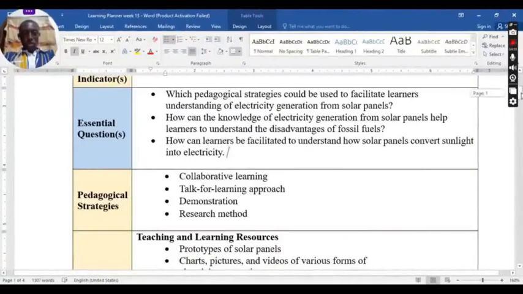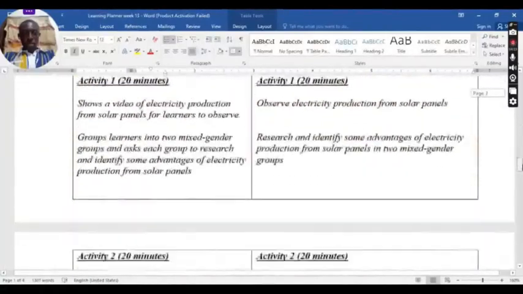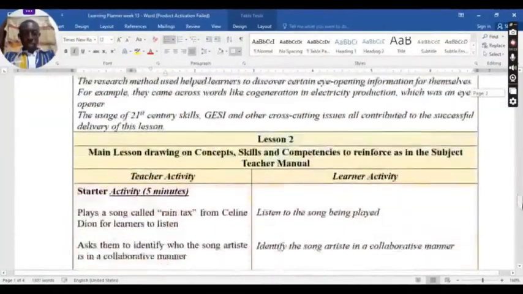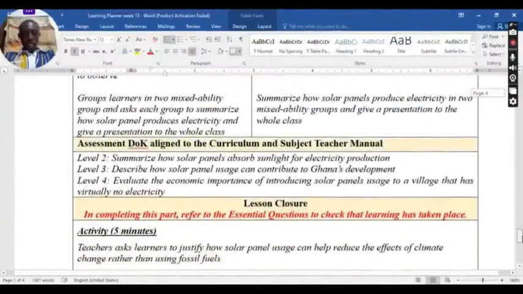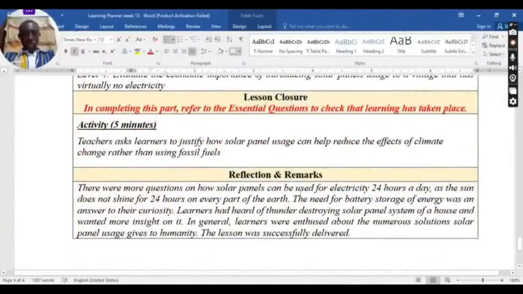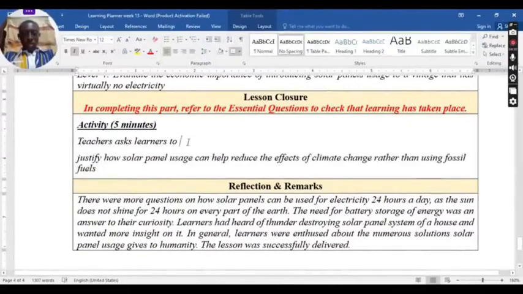So lesson 2 should talk about, when we go and change it, lesson 2 closure. Lesson 2 closure should talk about how solar panels convert electricity. So, to briefly, alright.